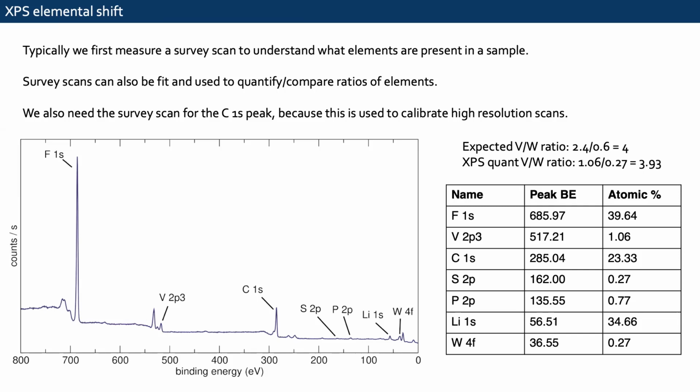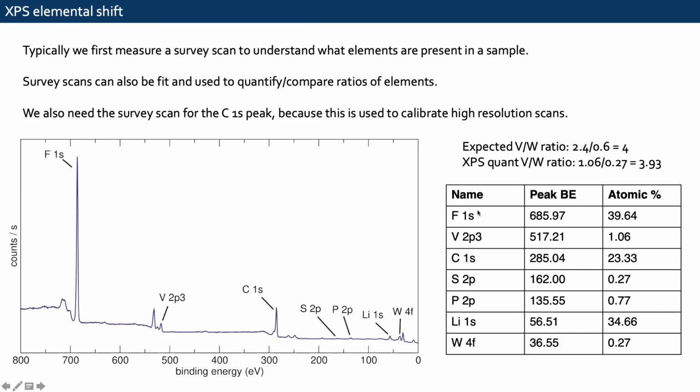That's why we have to do high resolution scans to understand more of the chemistry. But from an eagle's eye view, we do this survey scan, and each peak here represents when the detector is measuring a certain number of ejected photoelectrons at this energy. So peak here, peak there, that's just when the detector is getting hit with the photoelectrons.